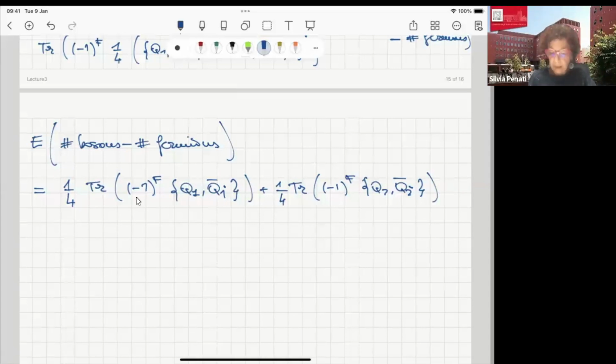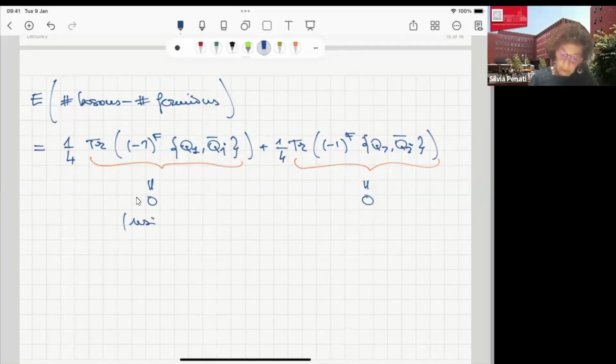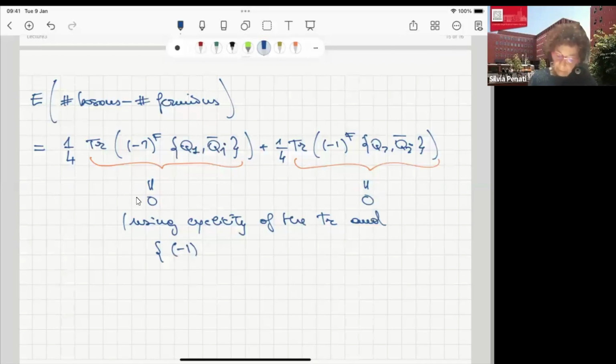If you do that, what you will find is that this quantity is equal to 0. You can do it easily using cyclicity of the trace and what we found earlier, the fact that (-1)^F anti-commutes with Q and Q̄.